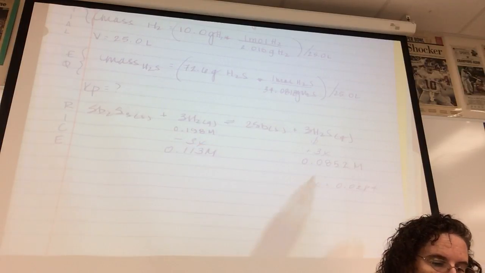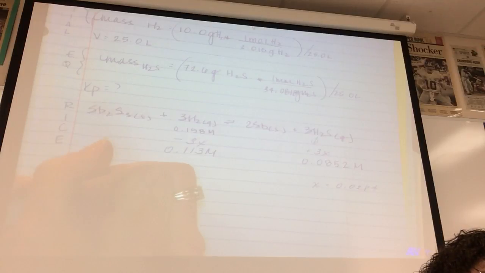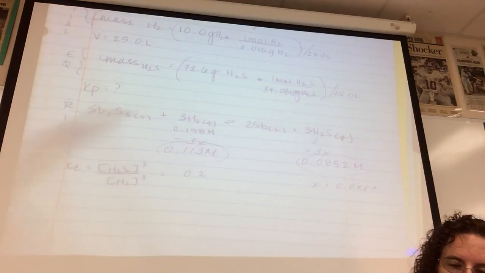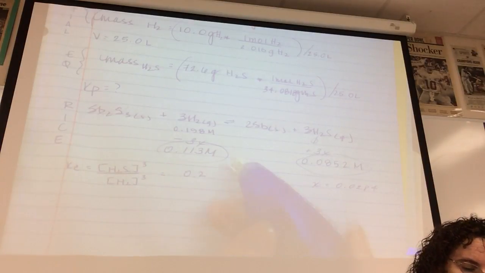Yes? Okay, so Kc here is hydrogen sulfide to the third over hydrogen gas to the third, and that's going to be 0.0 right here. Don't pick the wrong one. Make sure you're careful here. You may want to circle them off so you don't do anything silly.